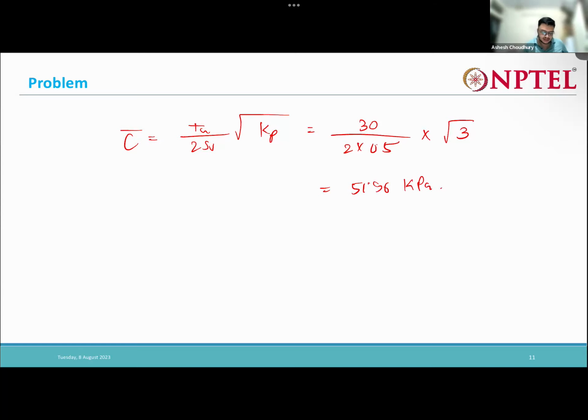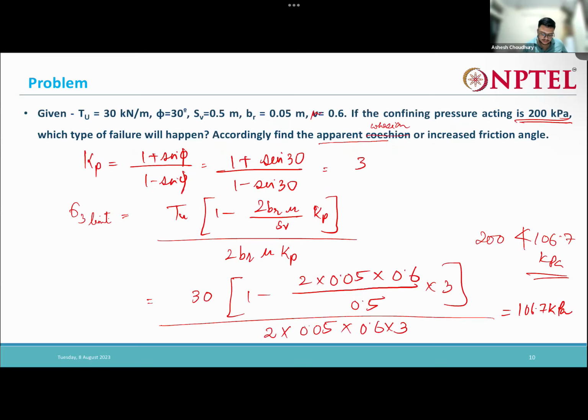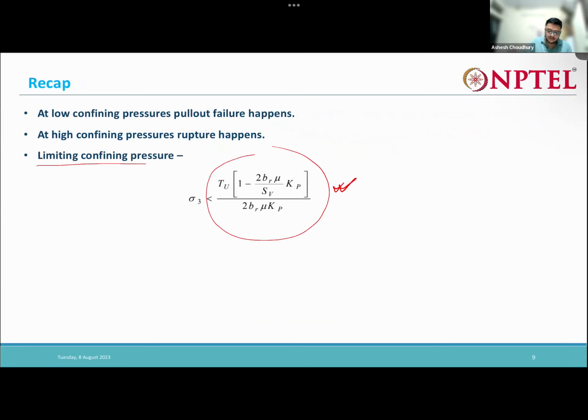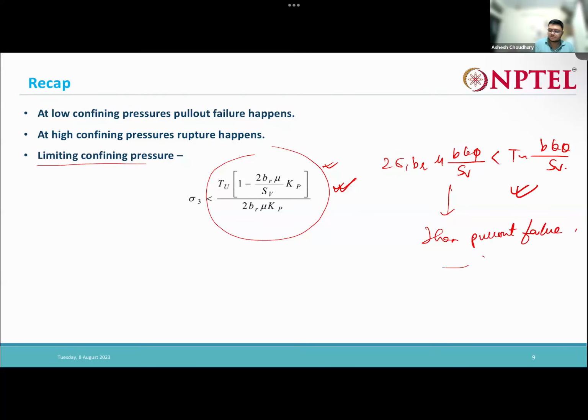So how did we actually determine this? We are determining this by equating these two terms, right? If this condition is satisfied, then we have the pull out failure. So from that condition we determine this sigma 3.